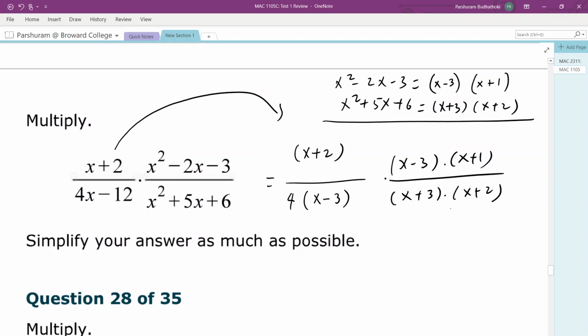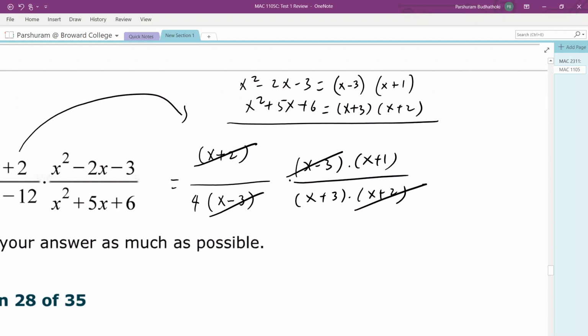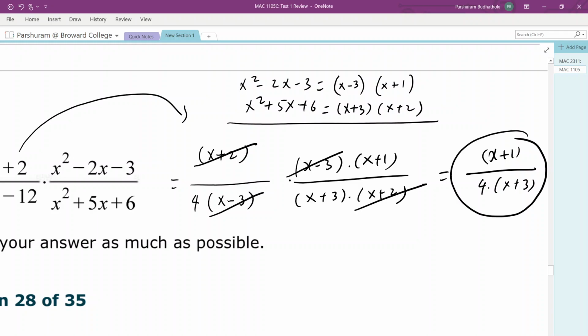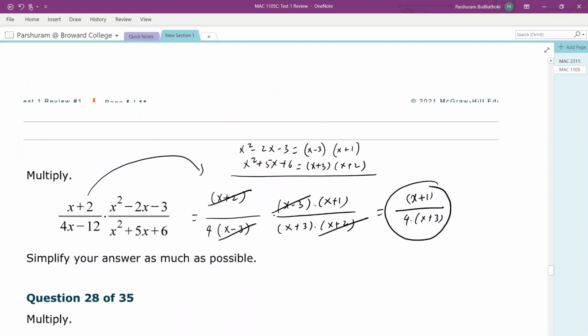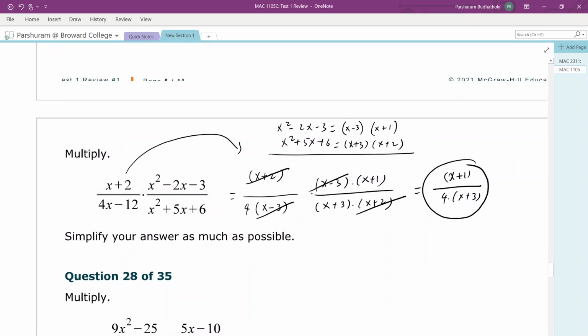Now I'm going to cancel the common factors from the top and bottom, and then write down the leftover. So on the top there is x plus 1, and on the bottom there is 4 times x plus 3. So that's the most simplified form of this multiplication.